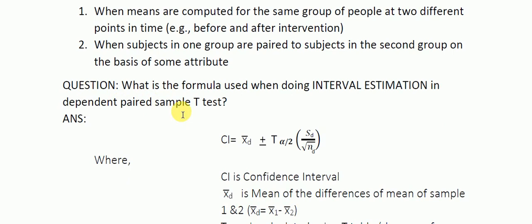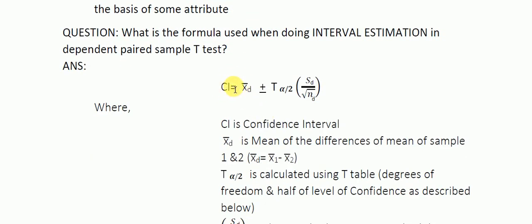So first we saw both of these formulas for the individual sample t-test, or single sample t-test. Now we have formulas for the paired sample t-test, dependent. So let's see, the confidence interval is given by x bar subscript d, which is the mean of the differences of the sample means. So basically we have two samples, either before and after, or two populations which have certain characteristics similar.